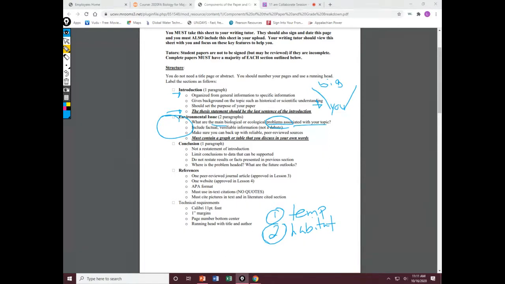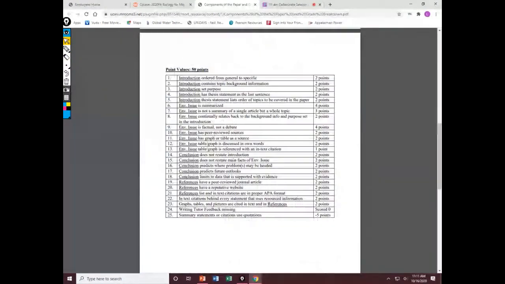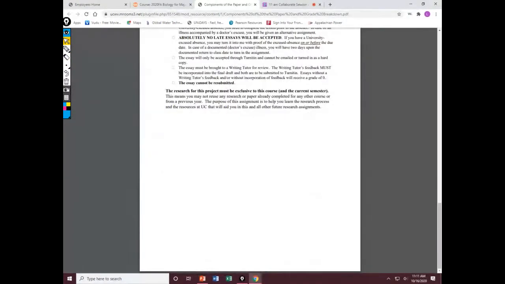This is going to then help me write my thesis statement. Okay. My thesis statement should act like a teaser trailer for the rest of my paper. I need some space here. Sure, I got some space. There's some space.